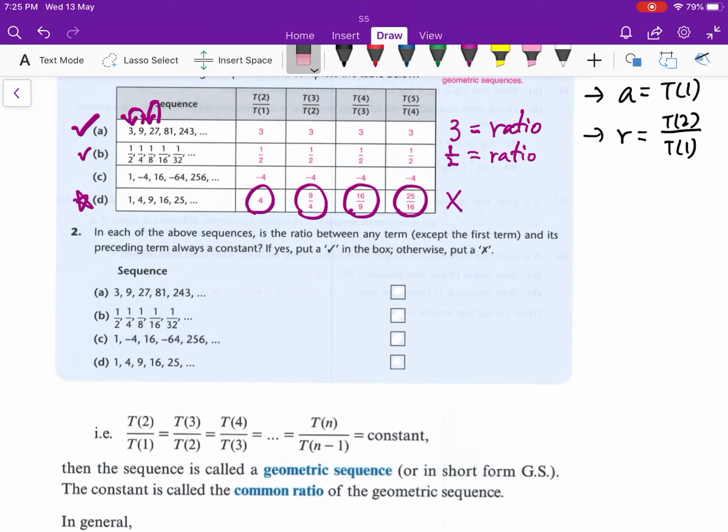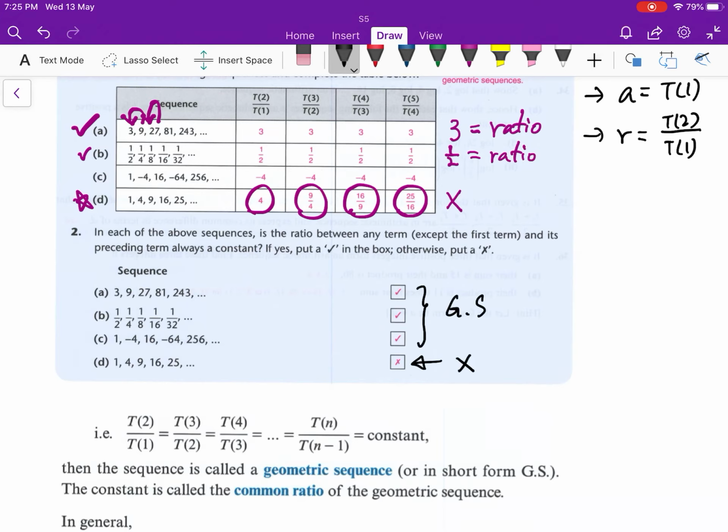So super easy, right? I think every one of you would give the same answer, okay? That means yes, those 3 sequences are GS. And this one, sorry, does not belong to GS. So are they AS? Also not correct. AS should have a common difference, right?